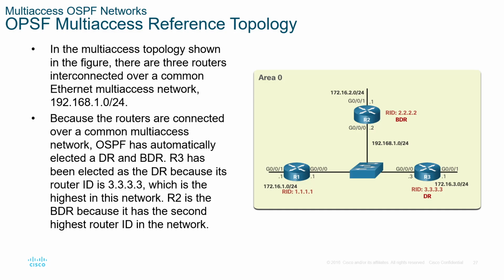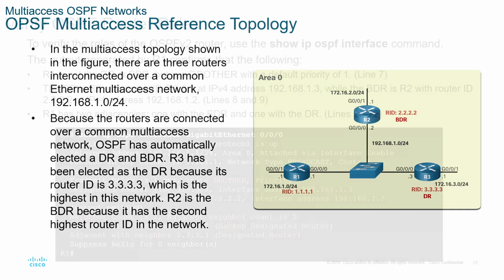All right. The multi-access reference topology that we're going to study is this one. Why is this guy the DR? Router 3. Highest router ID. Considering that all OSPF interfaces have the same priority, he's the DR because he's got the highest router ID.